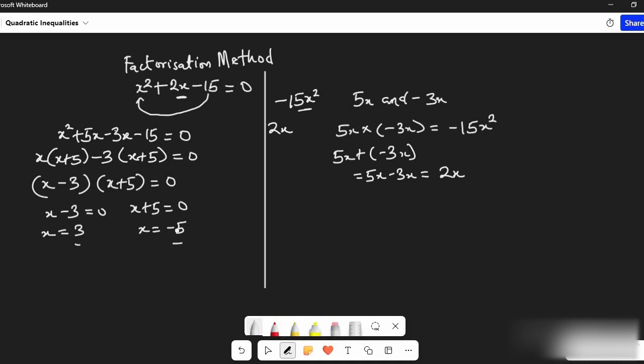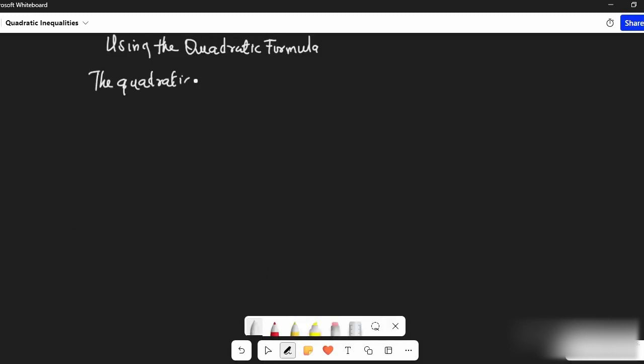Now let's look at the second method of finding the roots of the quadratic equation, which is the quadratic formula. Let's see how we can use the quadratic formula. The quadratic formula is given as x equals minus b plus or minus the square root of b squared minus 4ac over 2a.